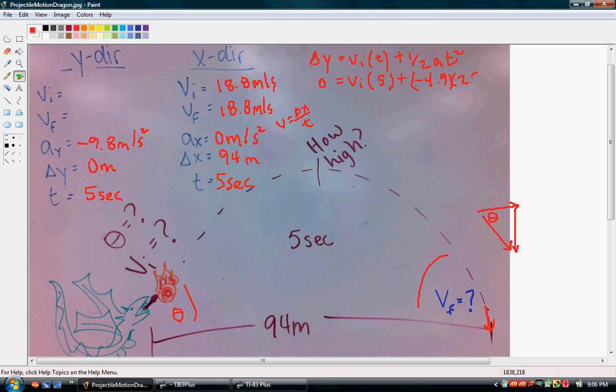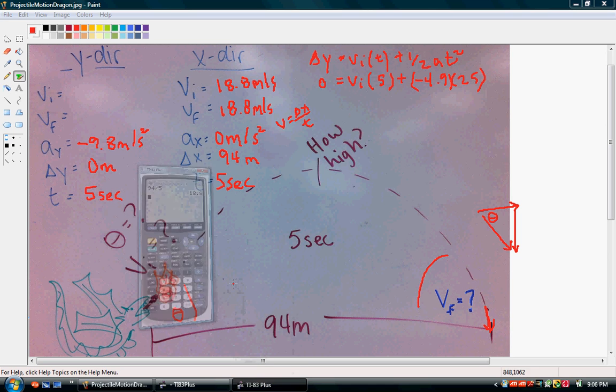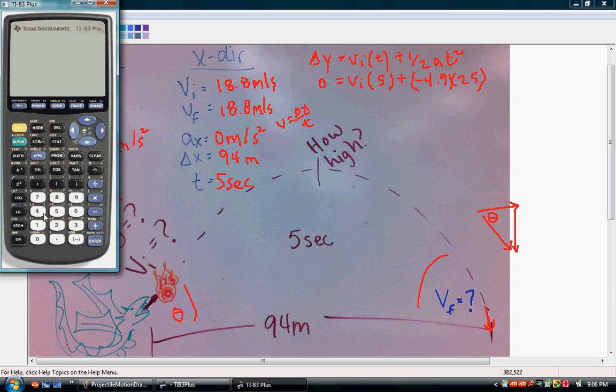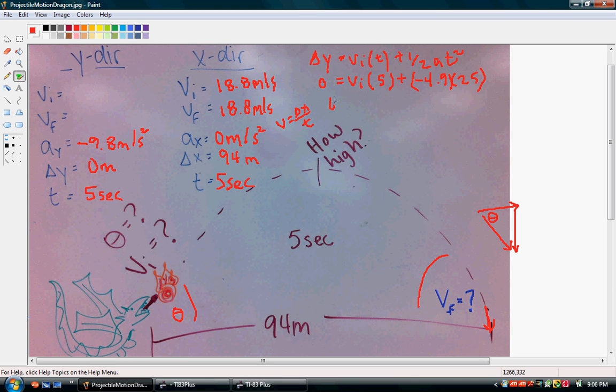So 5 squared is 25. So we can rewrite this to say, let's see, we can multiply the negative 4.9 and the 25 out, and get negative 122.5. So 0 equals our initial velocity times 5 minus 122.5. So now we can actually add 122.5 to both sides.